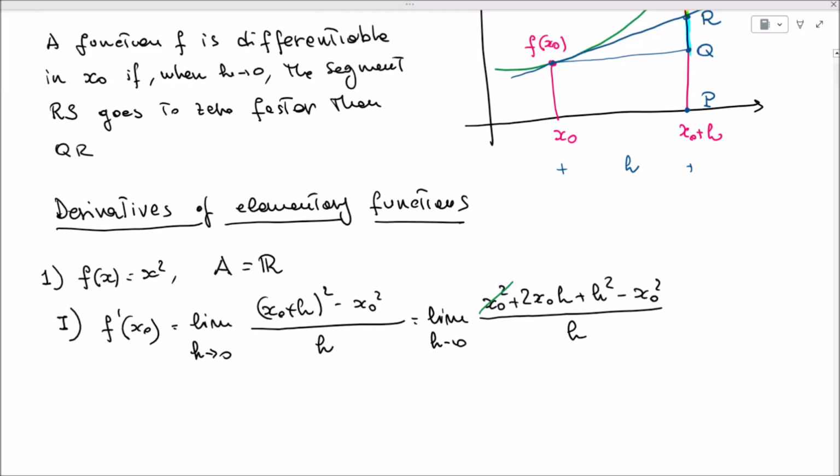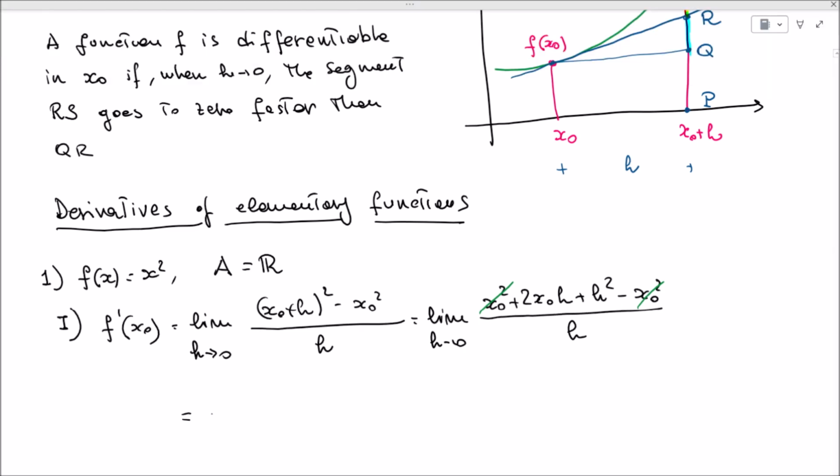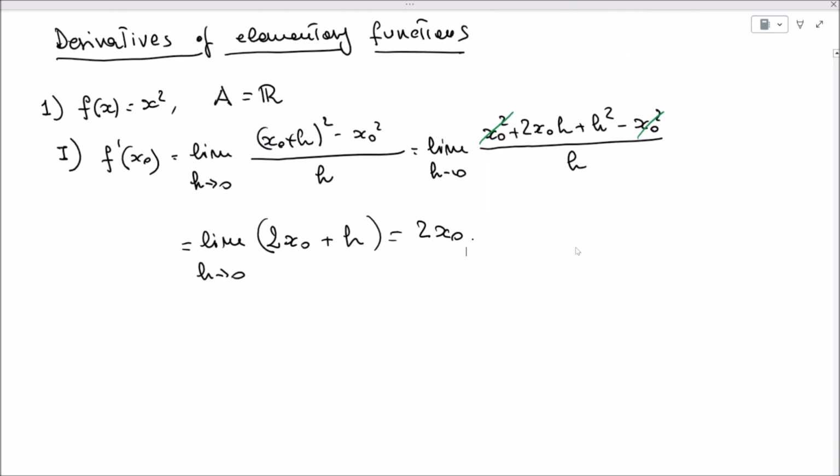Immediately we simplify these two and we have the limit as h goes to 0 of 2 x naught plus h. But when we take the limit as h goes to 0, we are left with 2 x naught. So this is the derivative. Let's see if this is consistent with the second approach.